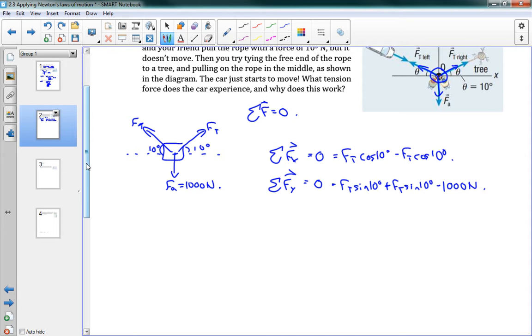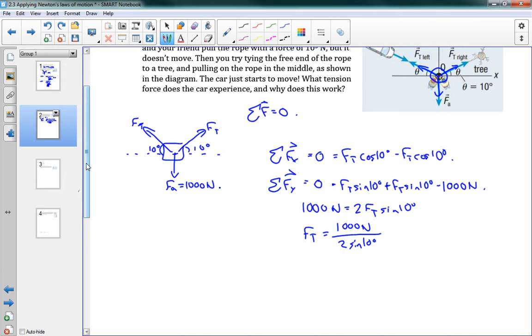Okay, so now we have something we can work with here. I can say that 1,000 newtons equals 2 Ft sine 10 degrees. And now it's a simple matter of rearranging to find Ft is equal to 1,000 newtons over 2 sine 10 degrees.